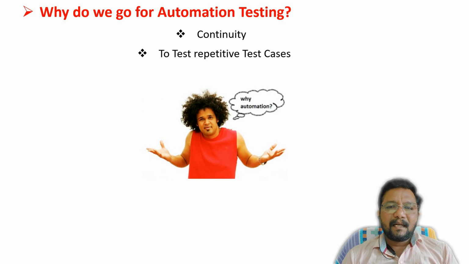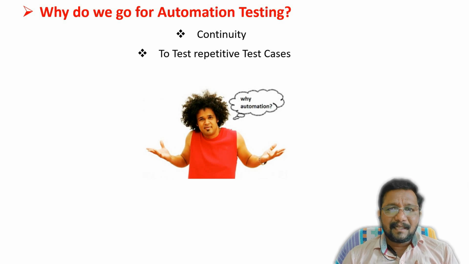While we are in continuous development, that is called what? The CI/CD model. All the companies are now using the CI/CD model, continuous integration and continuous delivery. For this model, we have to test at every build, repetitively testing some test cases.